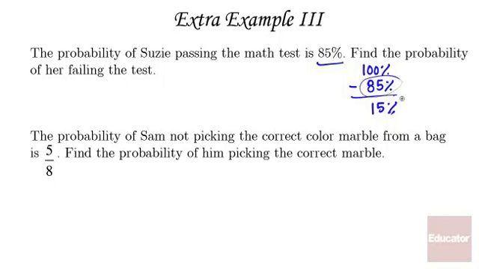So this and this together have to make up the 100%, because that's the whole thing. She's either going to pass it or she's going to fail it, right? So this is the pass, and this is the fail. Together, they have to make up the 100%, the whole thing. So the probability of her failing the test is going to be 15%.